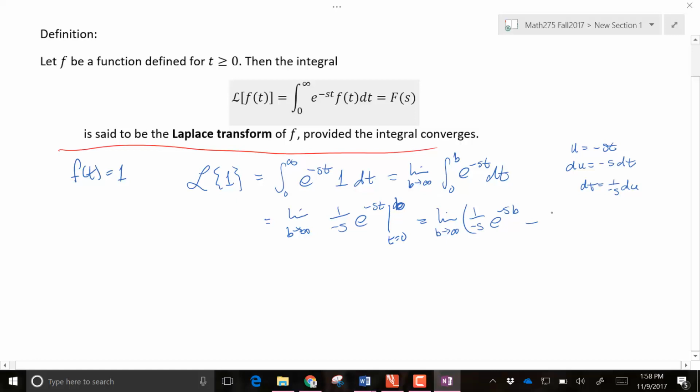It's just going to be 1 over negative s times e to the 0, which is 1. So you let b go off to infinity, then this expression here will get closer and closer to 0, right? So that's going to just disappear. What do we have left? 1 over s.